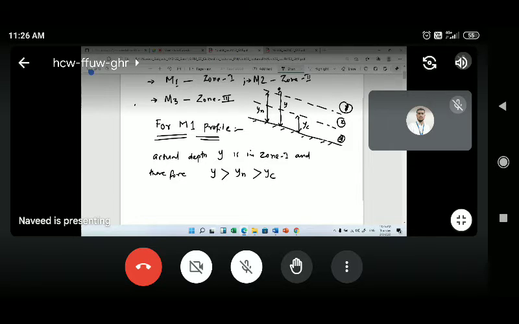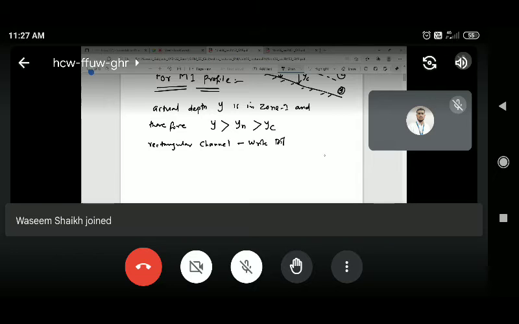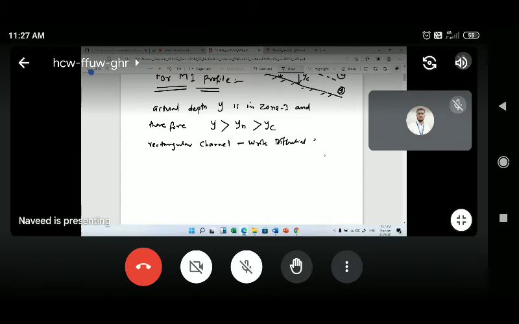Now write down the differential equation for GVF in a rectangular channel. So here we are considering the rectangular channel, and for that we will write down the differential equation in case of GVF, that is gradually varied flow.